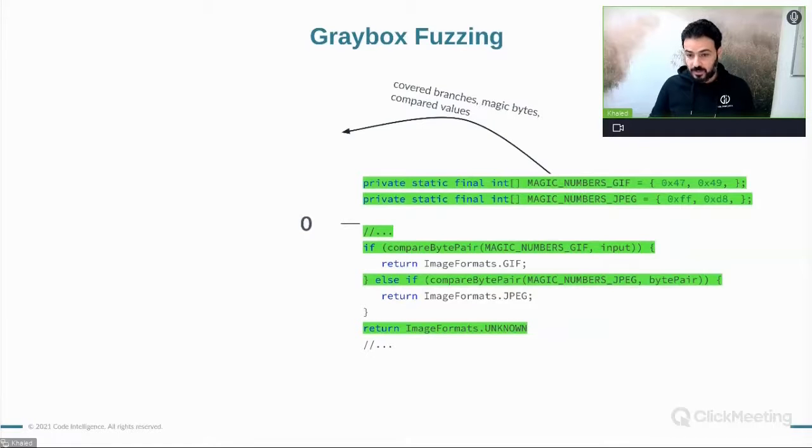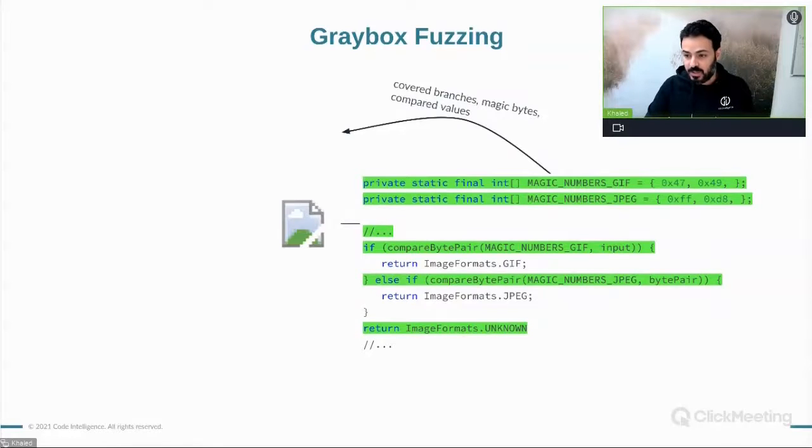It gets that with this input you are able to cover these lines of code, for example, and that here the input is compared against some magic numbers, some static numbers. The fuzzer then uses this feedback to say, okay, the input is compared against these constant magic values. So what would happen if I use this in my input?